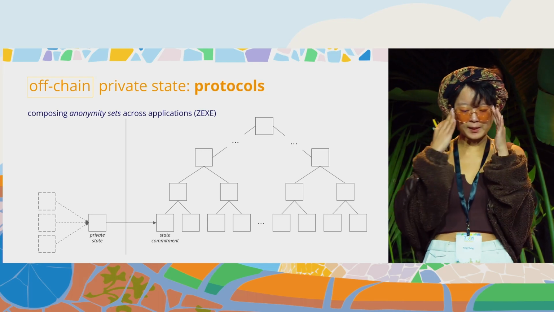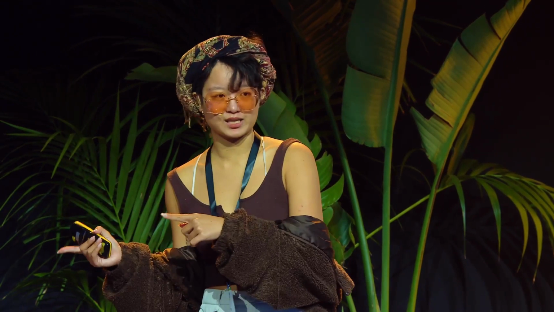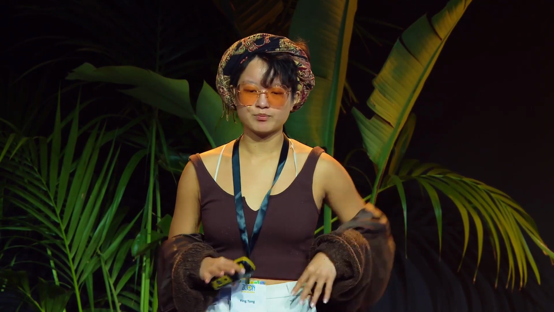And therefore, by participating in the ZEXE protocol, you're benefiting from the anonymity sets of state updates produced by all other applications in the same protocol. I will note that I think Aleo, the project, removed this functional privacy from their implementation, but the original ZEXE paper did have it and did allow composition of anonymity sets across applications.